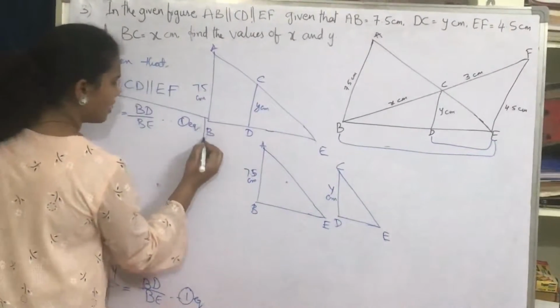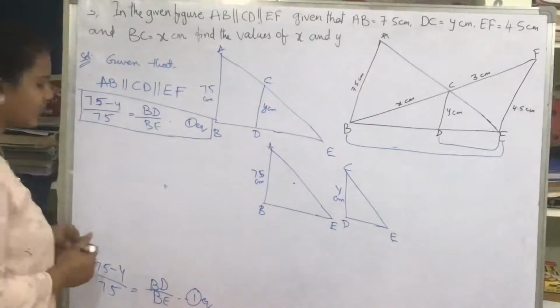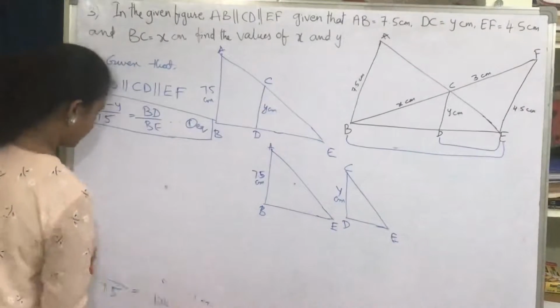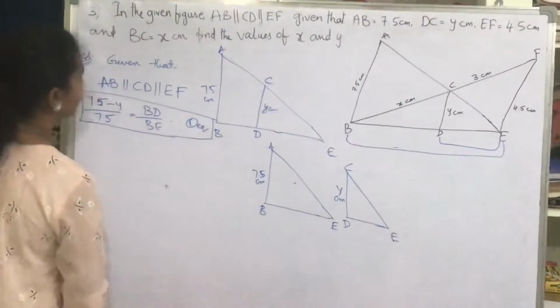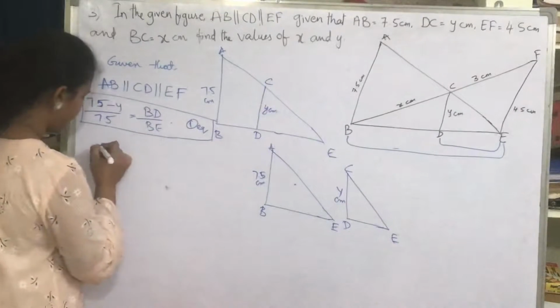Now in this given figure, consider triangle BEF. Now in triangle BEF, given what? Where CD is parallel to EF.